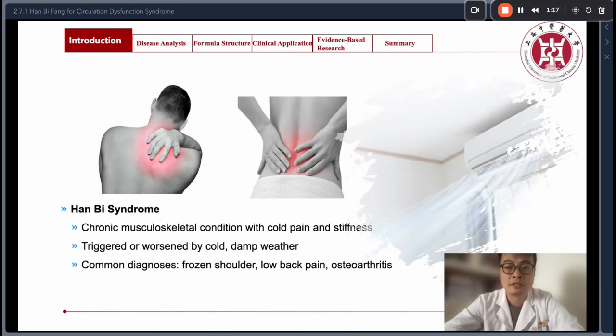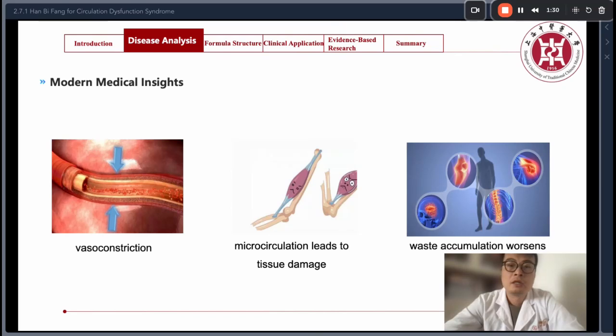You may have seen this in cases of frozen shoulder, chronic low back pain, or cold damp type arthritis, especially among elderly patients or those with weakened yang qi.